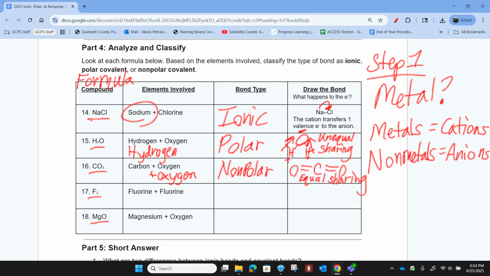Okay, fluorine and fluorine. This is called diatomic when you have two of the same elements. So if they are the same element, that means they have the same electronegativity, which means equal sharing of electrons, which means nonpolar.